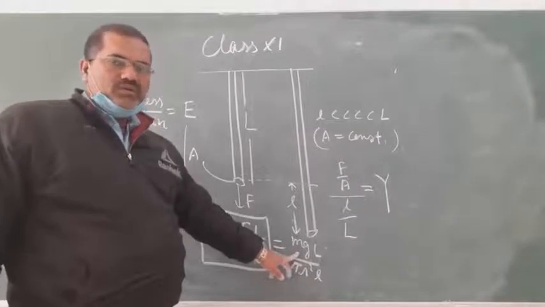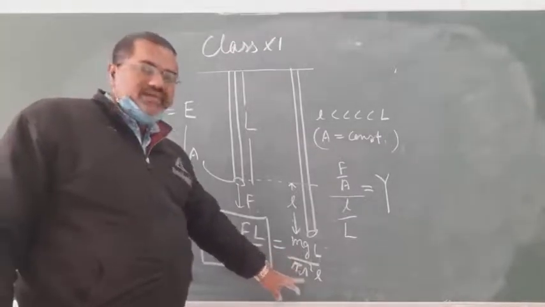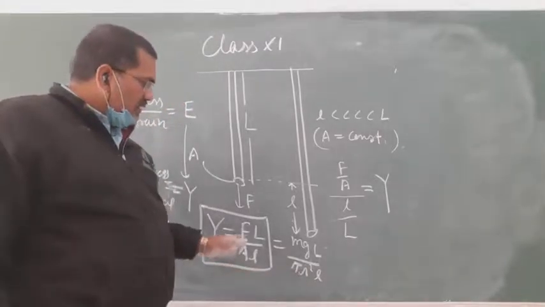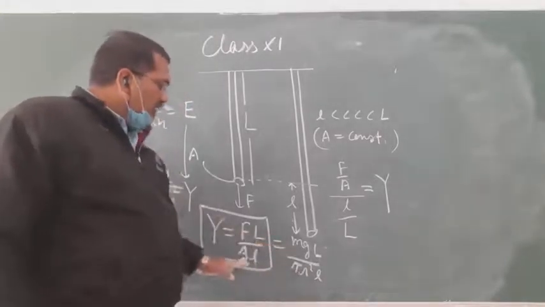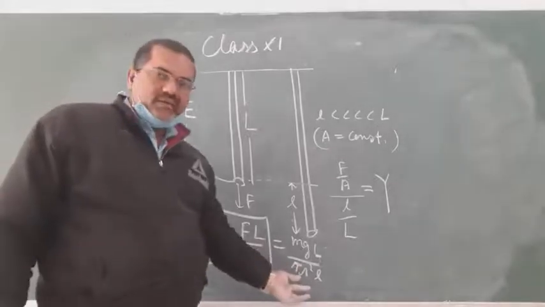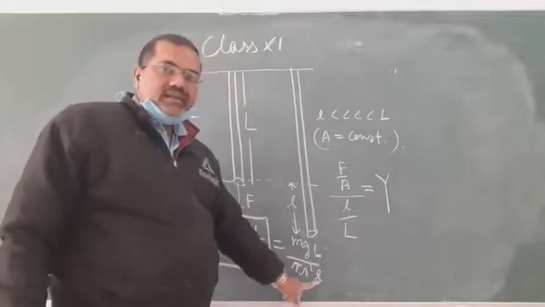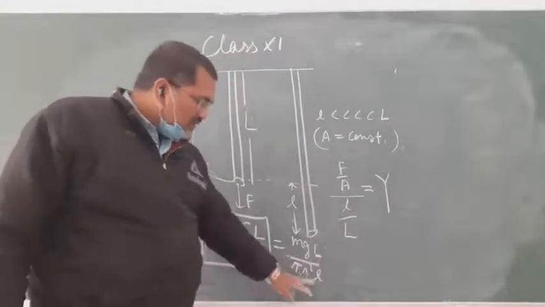In case of load of mass m and radius of cross sectional area is r, you can write here F equal to mg and A equal to pi r square. Cylindrical wire having cross sectional area pi r square. L is the initial length, small l is the elongation, that is changing length.